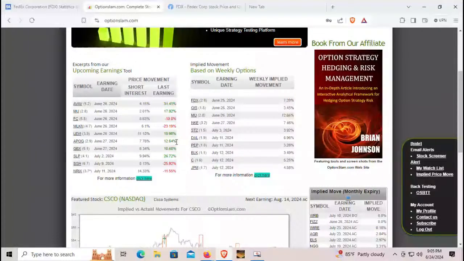APOG went up 12.64%. GBX 10%. SLP 26% positive. SGH down 25%, almost 26%. And NRIX down 11, almost 12%.